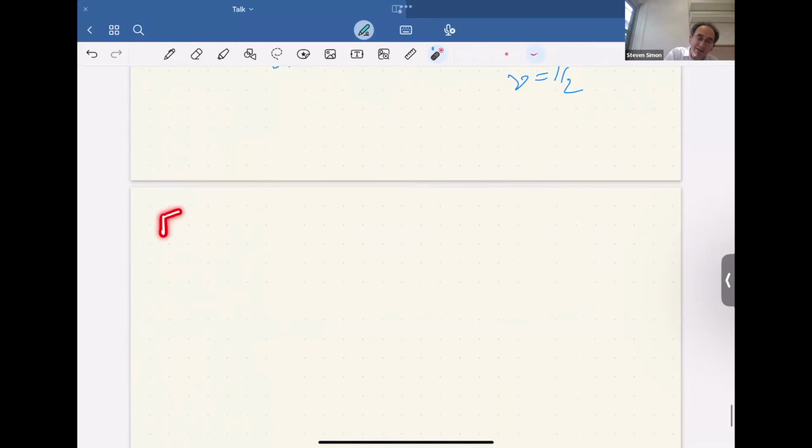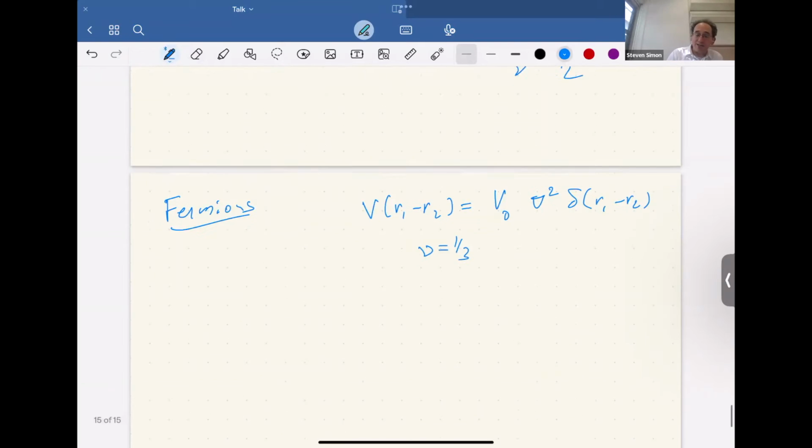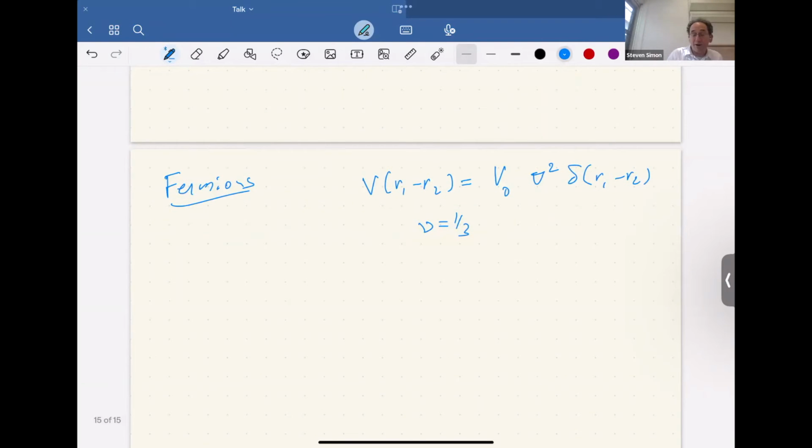So for fermions, there's another special interaction, V of R1 minus R2 equals some V0 del squared of a delta function, for which nu equals 1/3 is the highest density zero energy state. So it's just a generalization that makes the nu equals 1/3 Laughlin state an exact ground state.